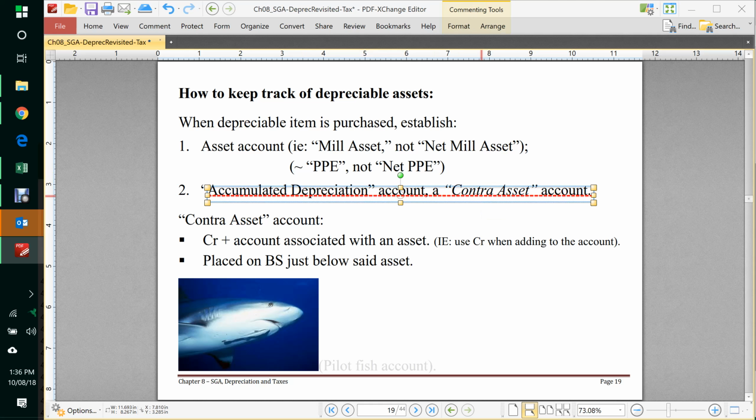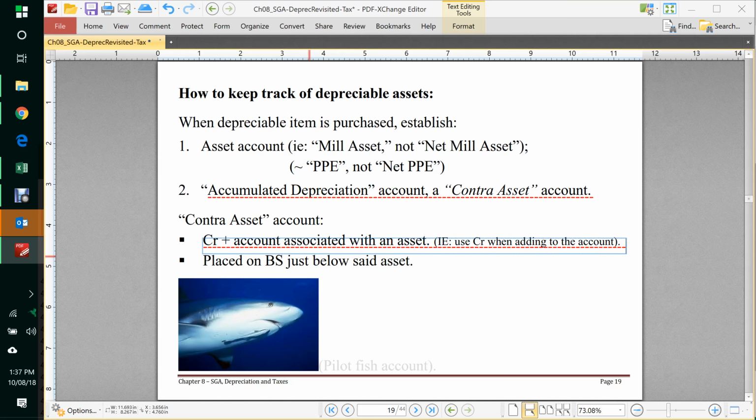We're not going to do anything with that account yet. We're just going to set it up, but we're going to note that this is a CR plus account, so when we add to it, we get CR. But it's associated with an asset. So that's why we call it a contra asset account.